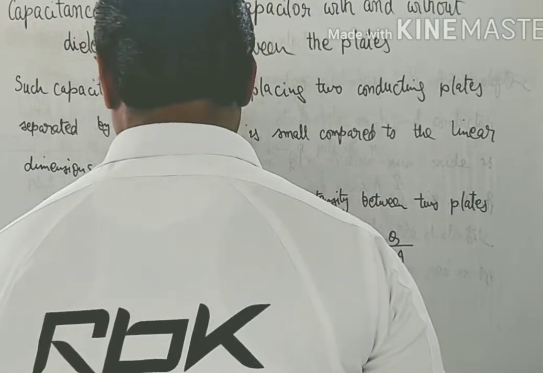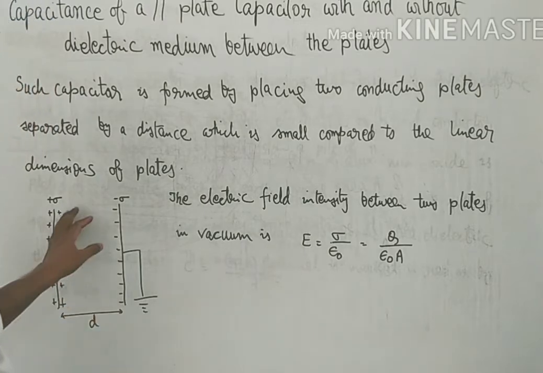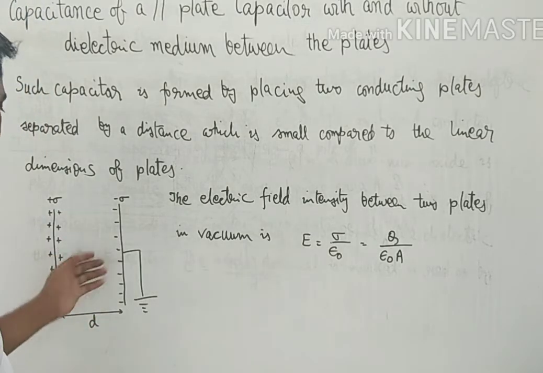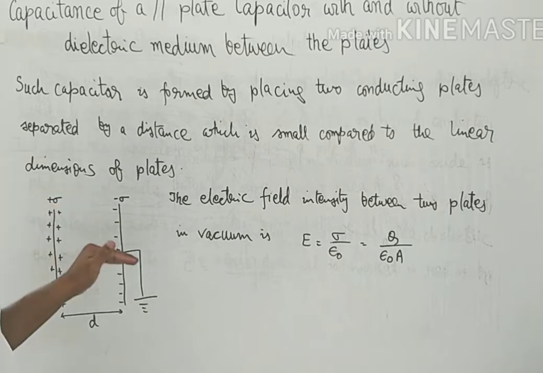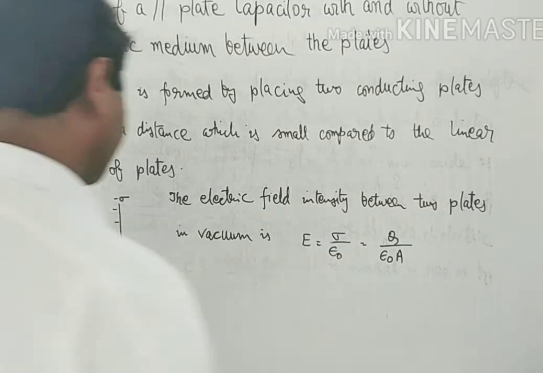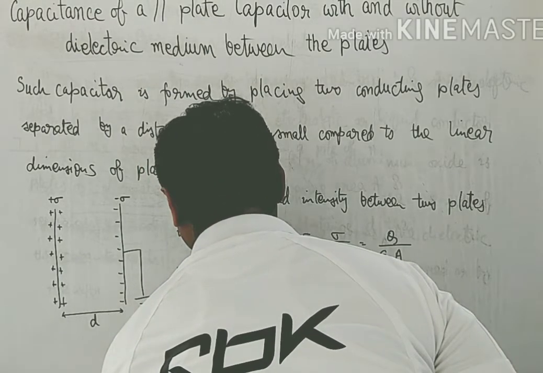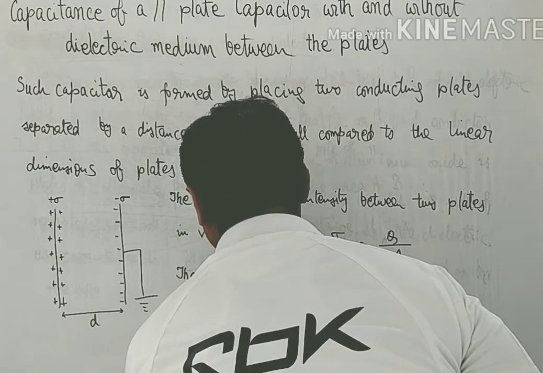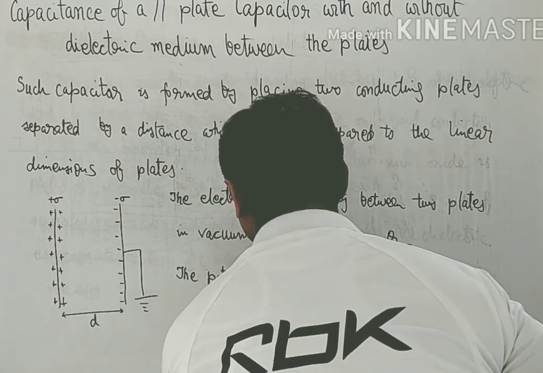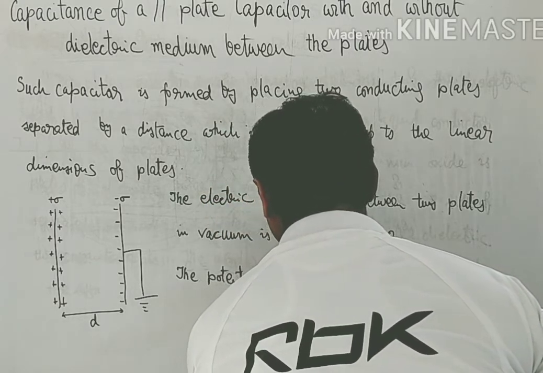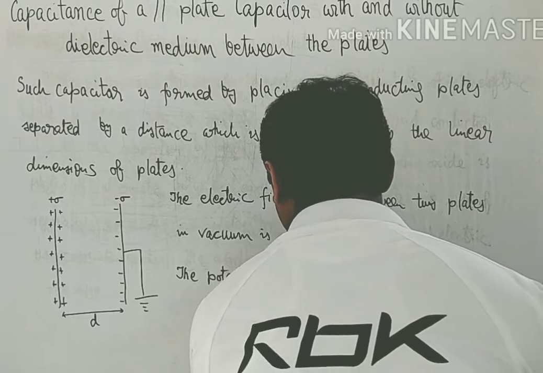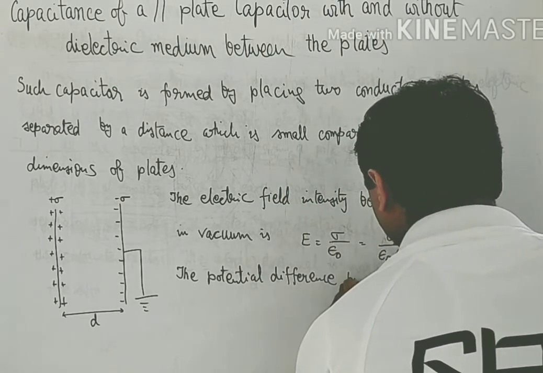Now moving ahead, since this electric field is uniform between the plates, we can now write the potential difference between the plates.